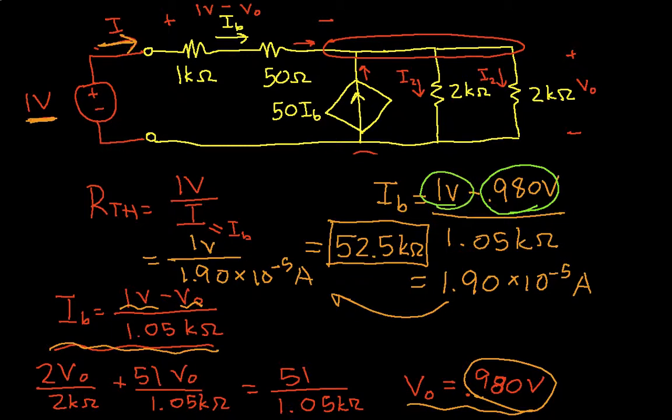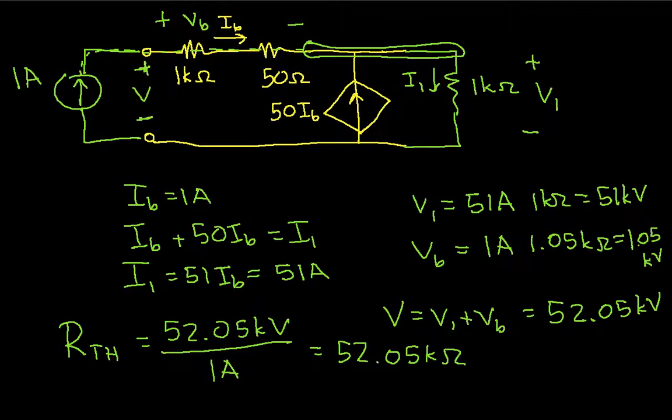So I'm assuming that my difference of 0.2 here is not exact, which is probably where I get the 52.5 here and the 52.05 here. This one I believe is exact because I didn't do any rounding in the computations.